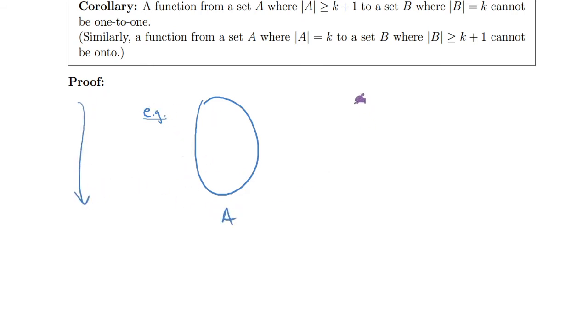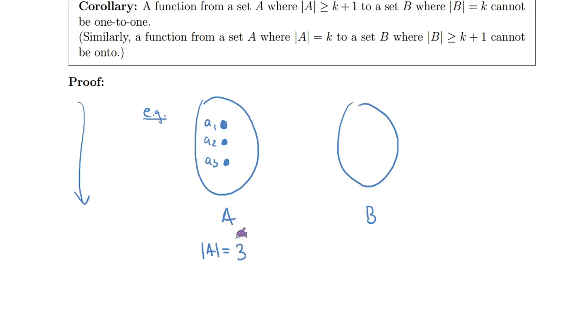Let's say that this is A and this is B. A has 3 objects in it: A1, A2, A3. So the size of A is 3, and this is like your k plus 1.